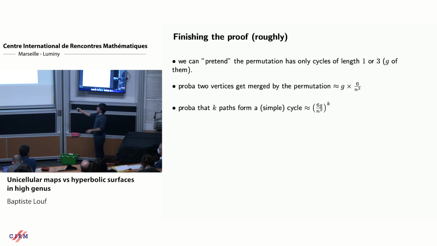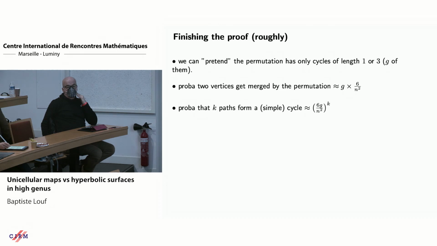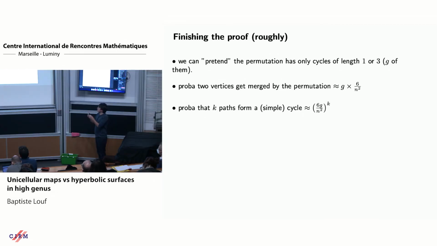So you can think of your 2 vertices as balls and the cycles of the permutation as boxes, and you throw them inside the boxes and try to estimate the probability. So there's G boxes, and for each box you have this probability of hitting the box. So you want both vertices to hit the box. This gives you the probability that 2 vertices get merged by the permutation.